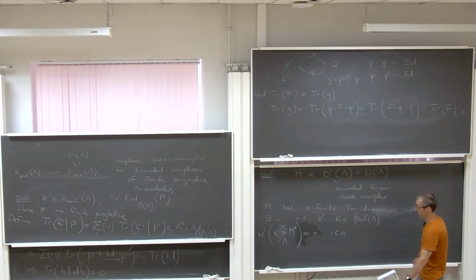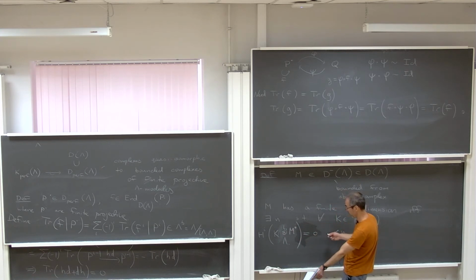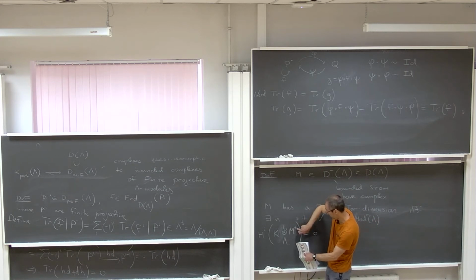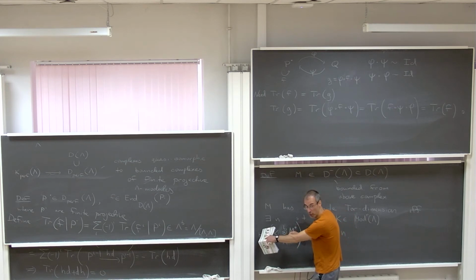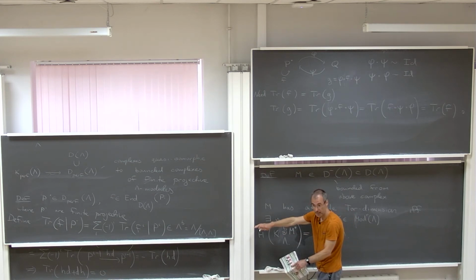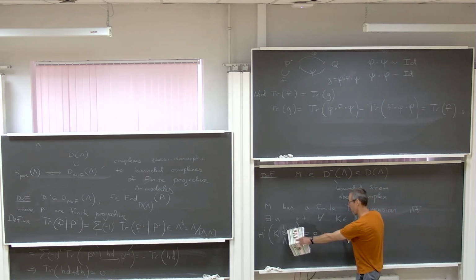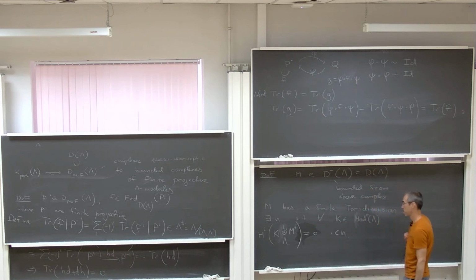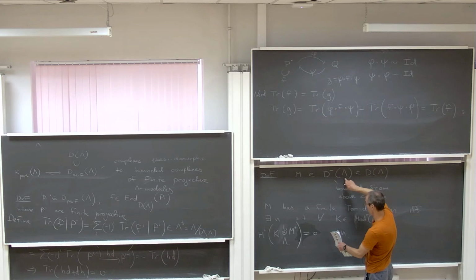So a priori, the derived tensor product is right exact. M is bounded from above, so a priori it may have homology in all negative degrees. So the condition is that, in fact, this is uniformly bounded, so there exists n such that it works for all K. So in particular, this implies that this is actually a bounded complex, right?